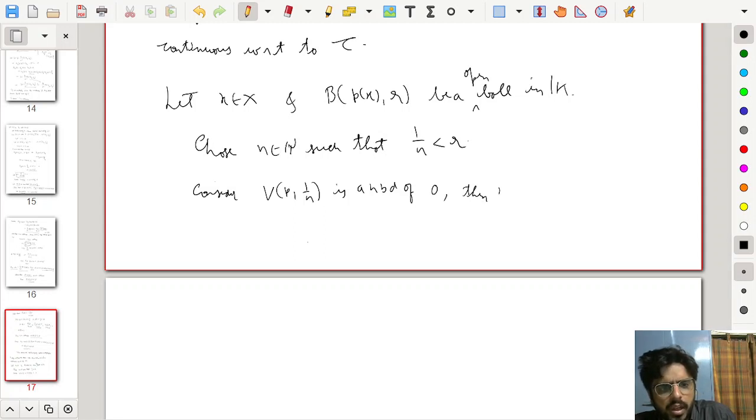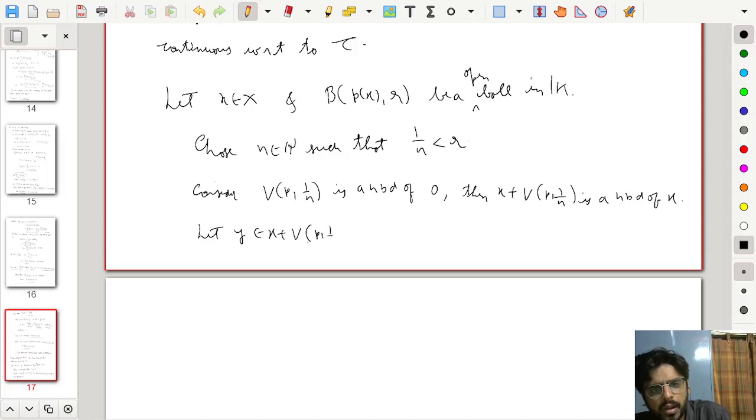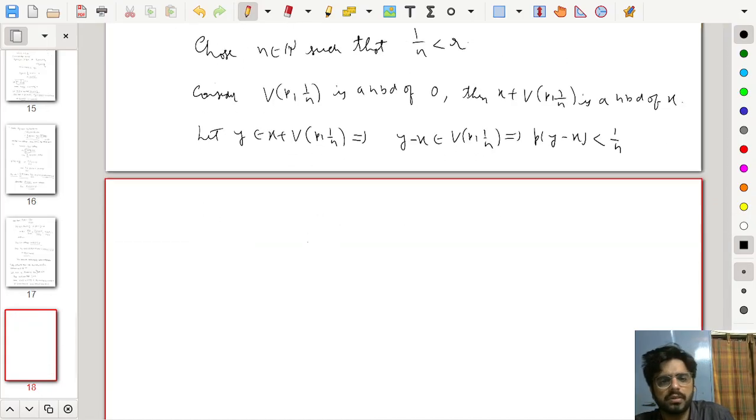Then x plus V of p comma 1 by n is a neighborhood of x. Let y belong to x plus V of p comma 1 by n. This implies y minus x belongs to V of p comma 1 by n. This implies p of y minus x is strictly less than 1 by n. Yeah, okay, this will work.